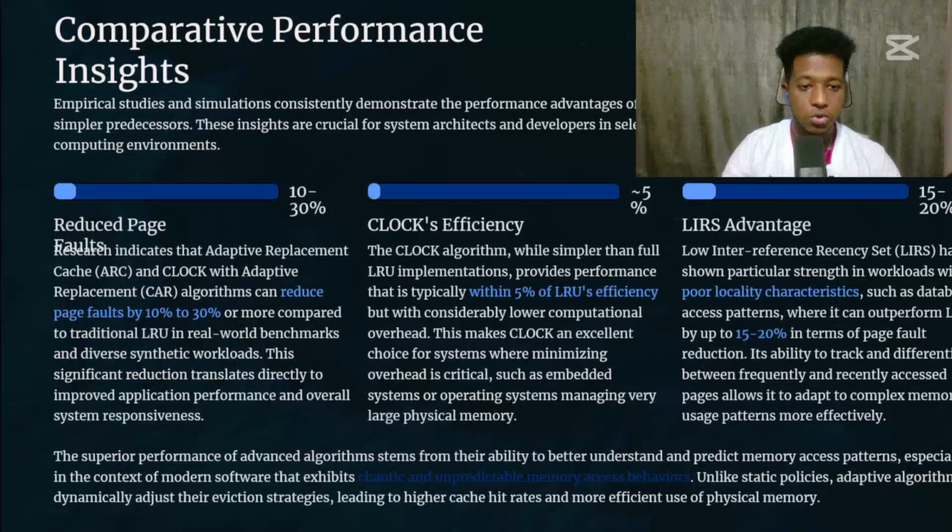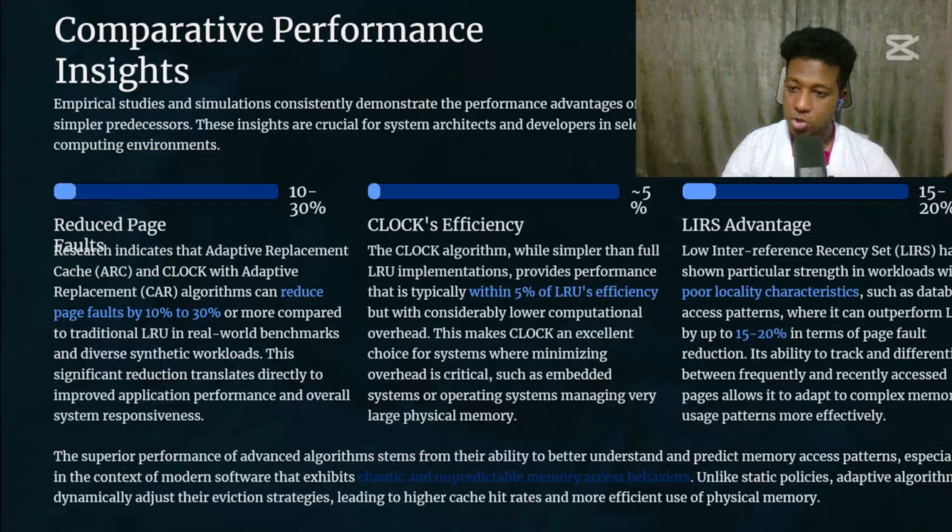Its ability to track and differentiate between frequently and recently accessed pages allows it to adapt to complex memory usage patterns more effectively.